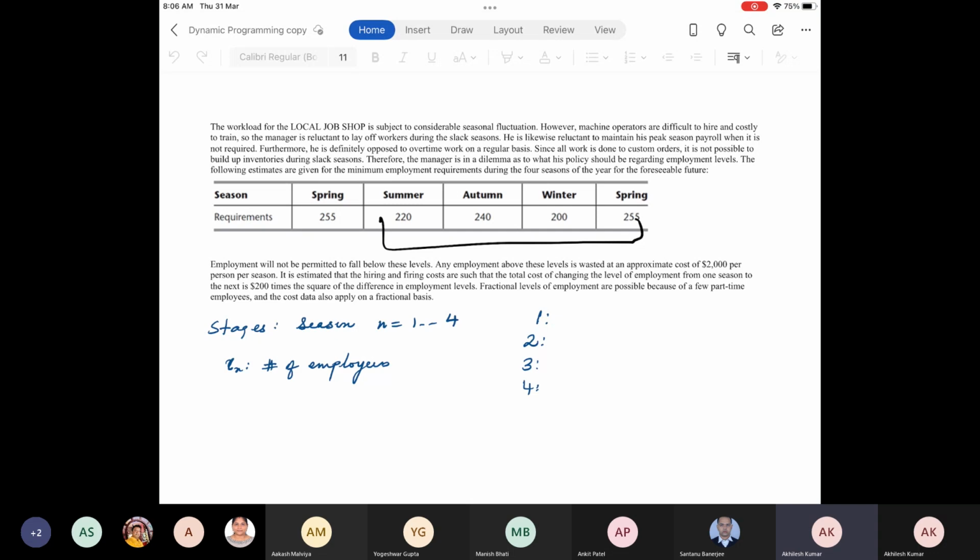So the question I asked last time, that since the spring requirement is the highest, what should be the spring requirement? What should be the employment level in spring?